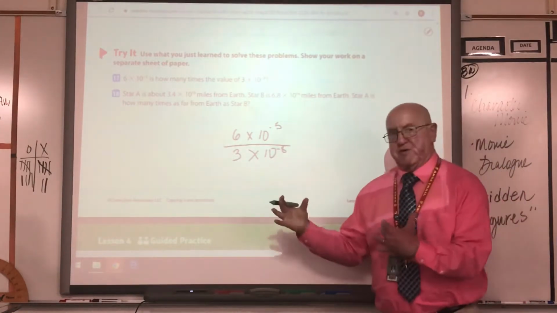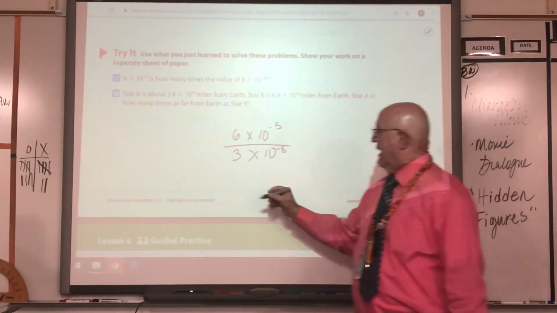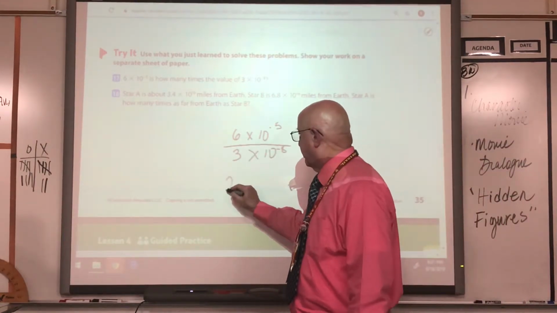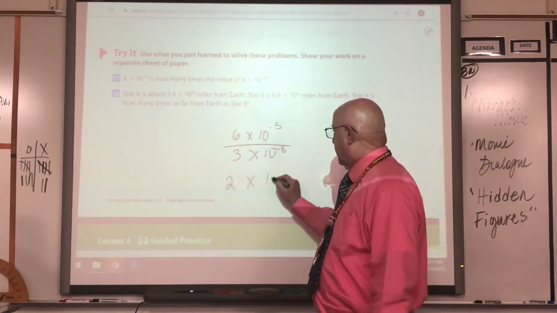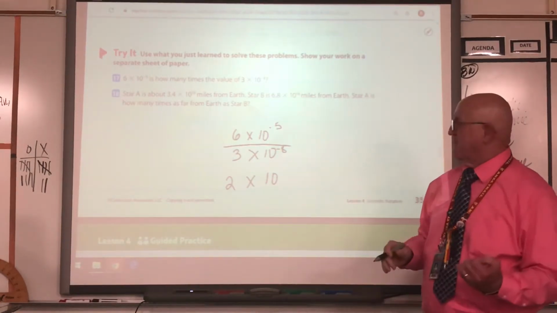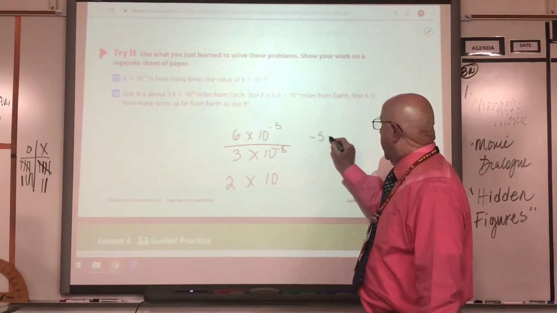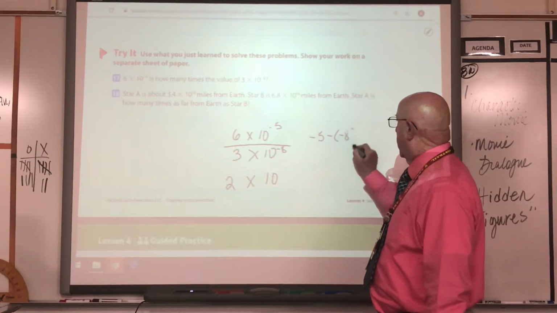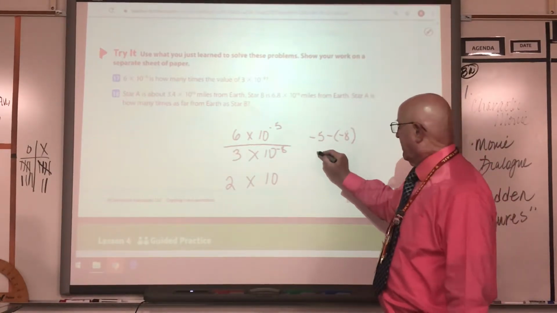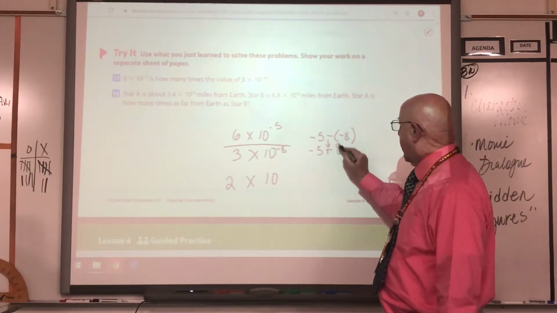We're going to do this in two different steps. We first divide the decimals, and we get 2. 6 divided by 3 is 2. Then we keep the 10, and we subtract the exponents. You have to be very careful here, because it's negative 5 minus a negative 8, which means we keep negative 5, change the minus to a plus, and change negative 8 to its opposite.